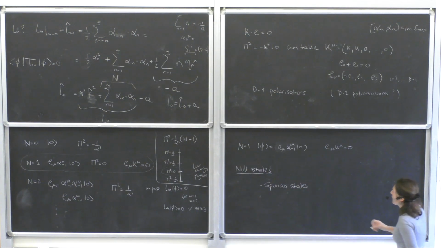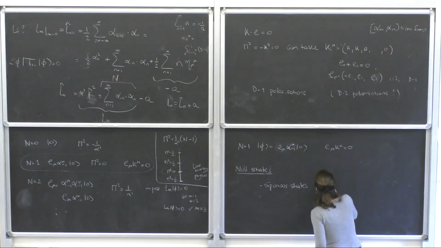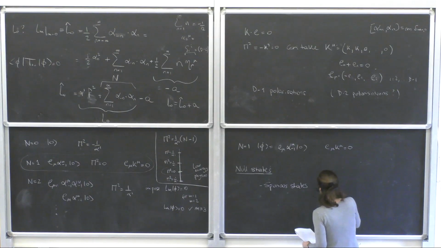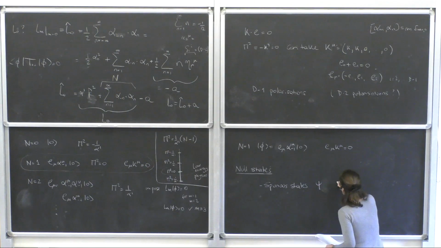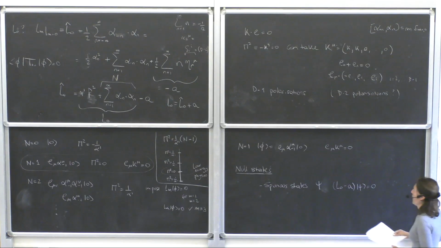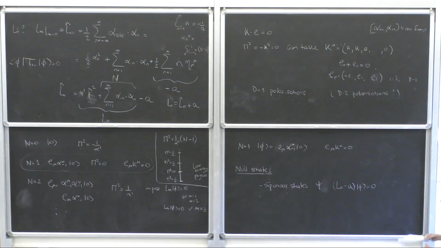The spurious states are states that satisfy, they are on shell regarding mass, and they satisfy L_m psi equals 0 for some levels, but not necessarily the others.